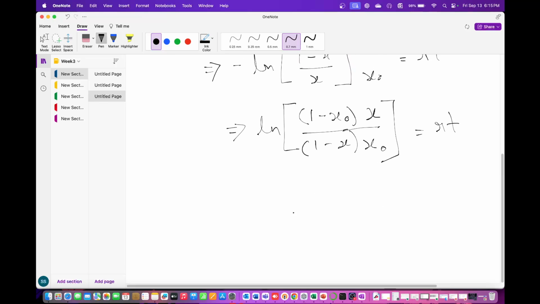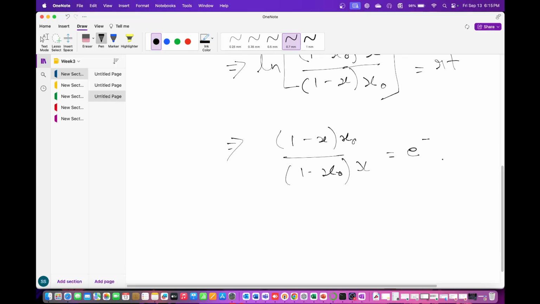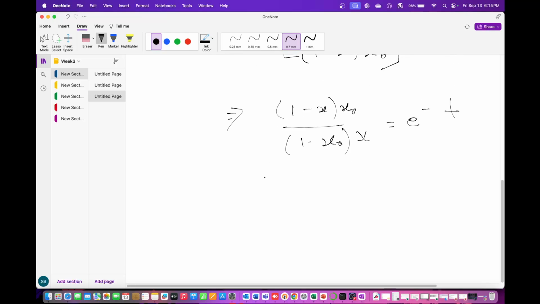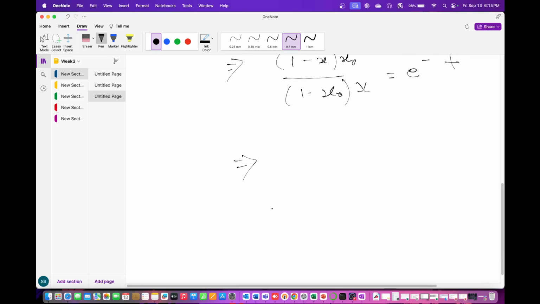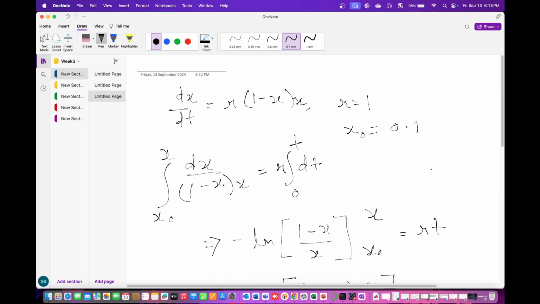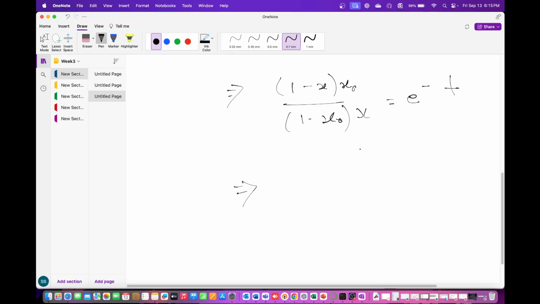Now r equals 1, and you take the anti-log of this, so this becomes 1 minus x naught by 1 minus x into x by x naught equals e to the power minus t. Then you put the values, x naught equal to 0.1, r equal to 1.